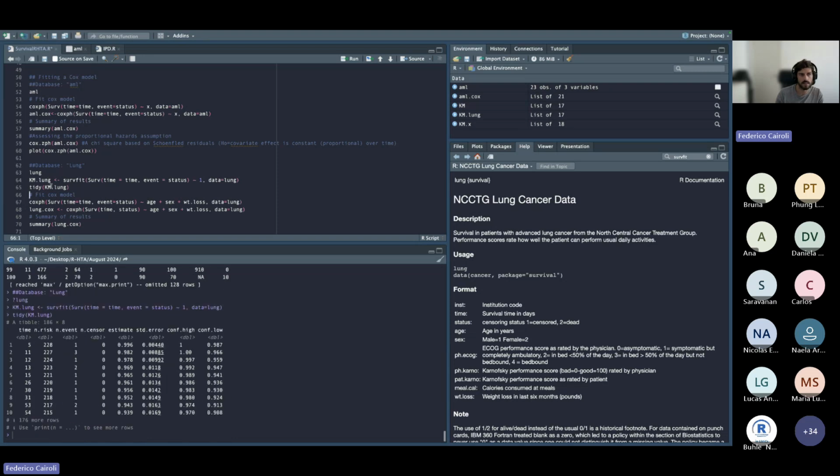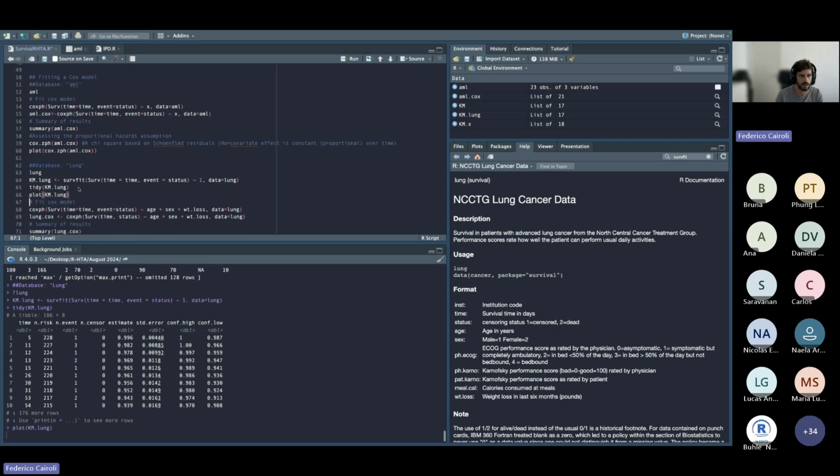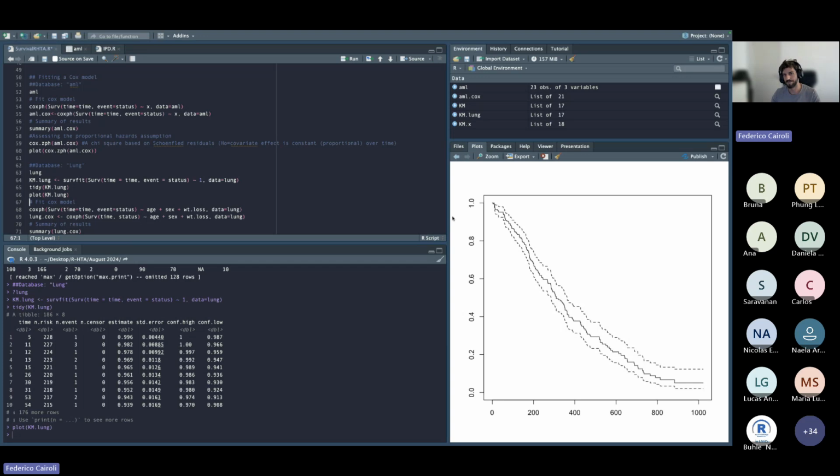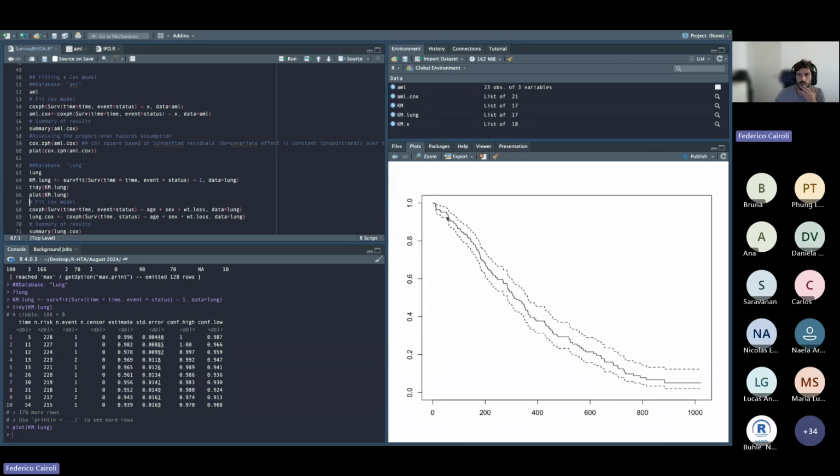And again, the tidy table. This is one more time to estimate the survival probability. And then if we just plot km.lung, we should be able to see this Kaplan-Meier curve with the confidence interval. So again, this is for the whole data set, not stratified by any covariate.